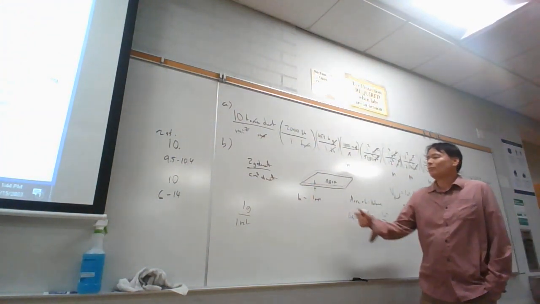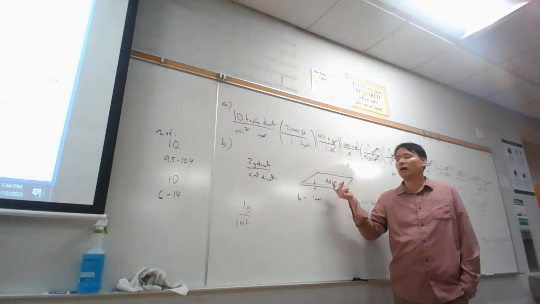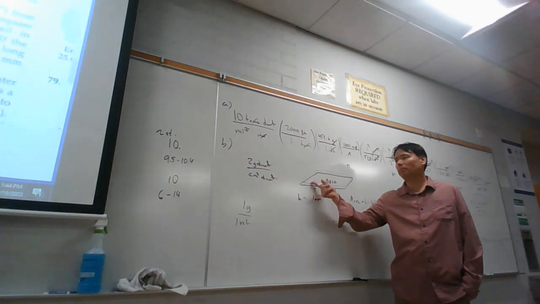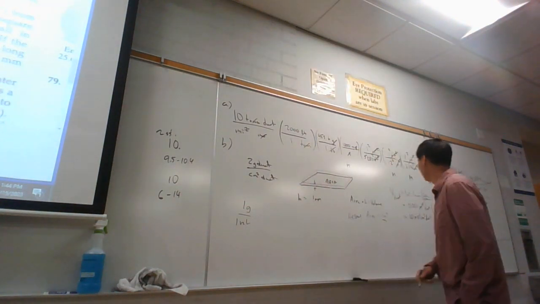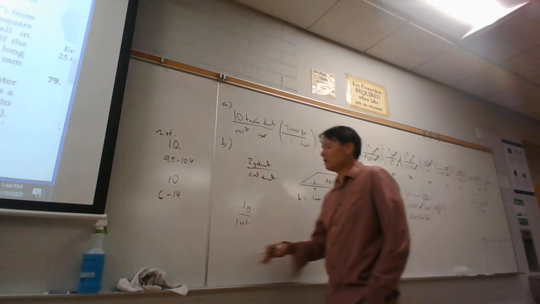So we're going to have 1,000 centimeters cubed of dust fall on this square meter. Now we can figure out how many grams of dust that is.